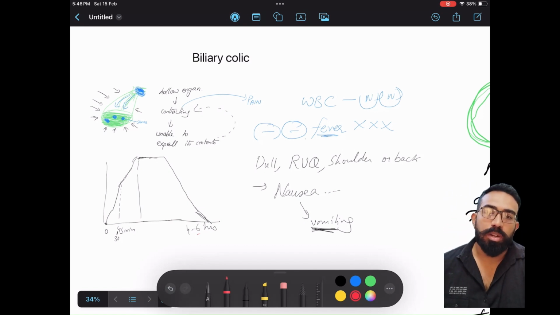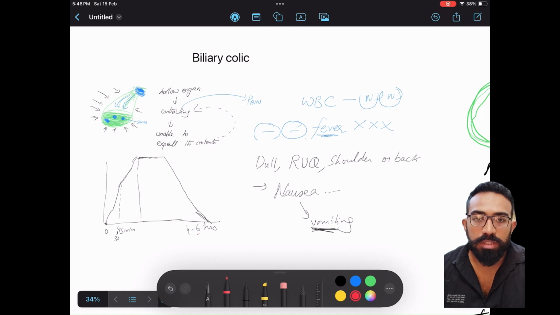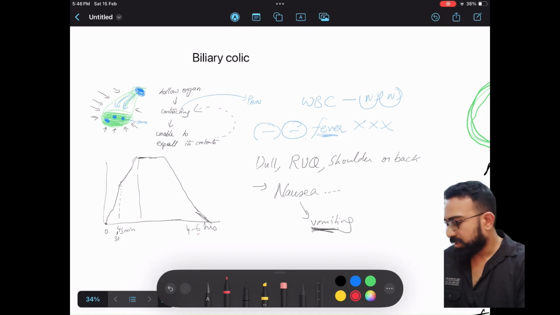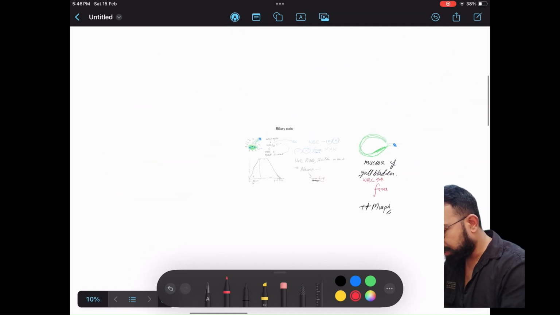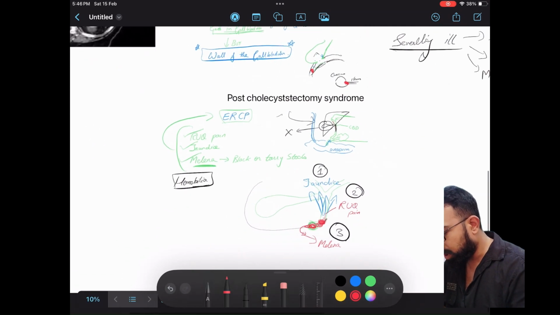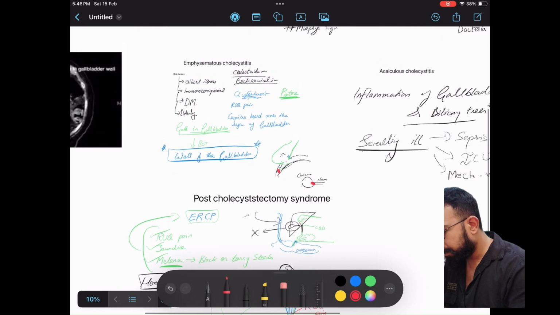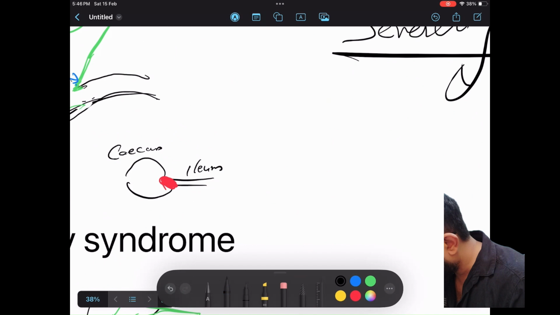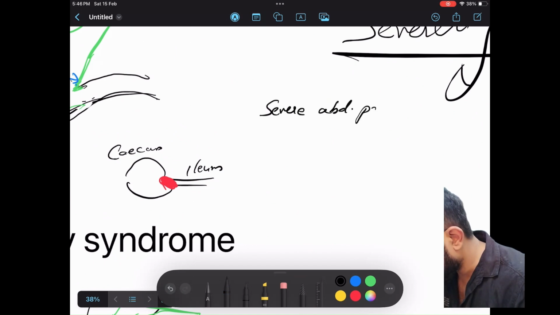Now she is coming to you with symptoms of small intestinal or large intestinal obstruction. What are the symptoms? She is having severe abdominal pain, nausea, vomiting.